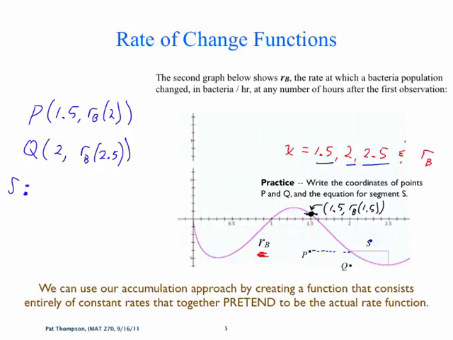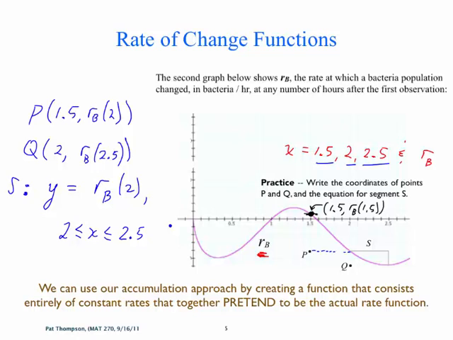If we want to write the equation of a horizontal segment or line, what will the structure of that be, just in general? Y equals. So just do that much. You say, I don't know, but it's y equals something, and that's a start. Okay, so y equals what? R sub b of 2. And if we really want to get the segment, then we do from 2 to 2.5.